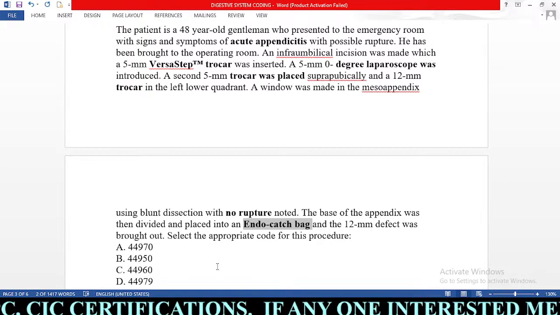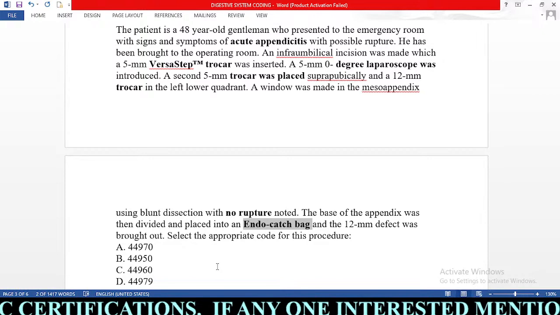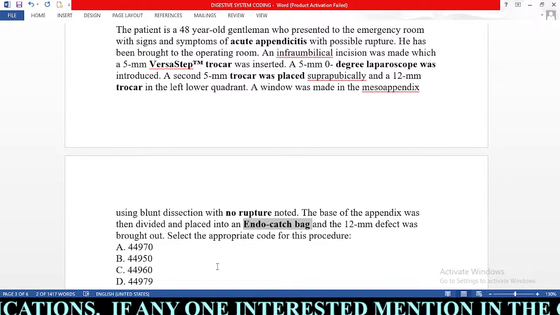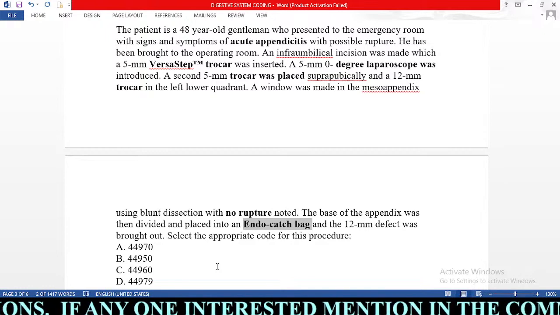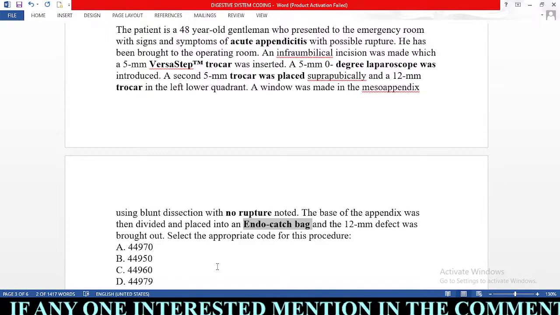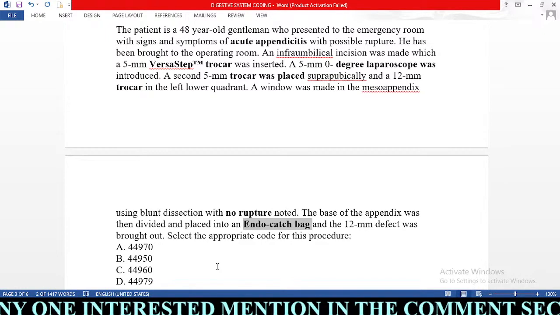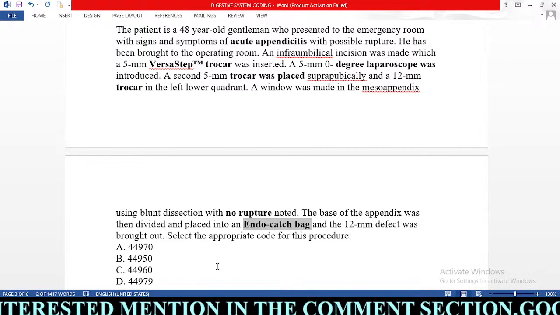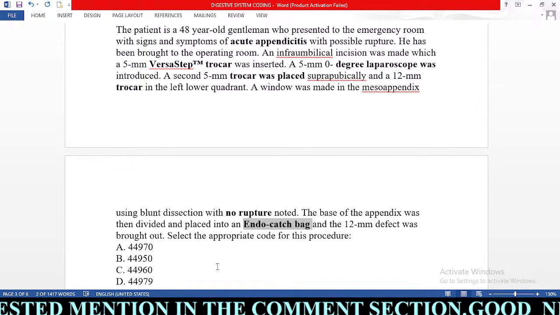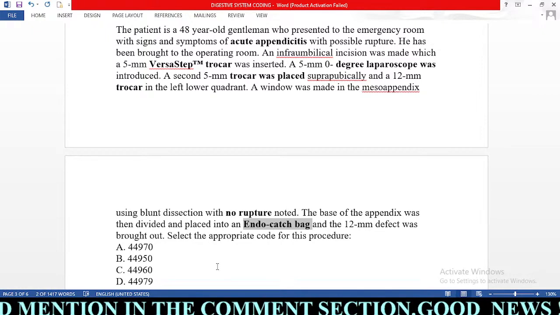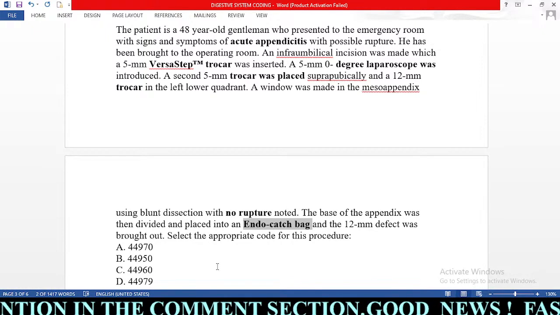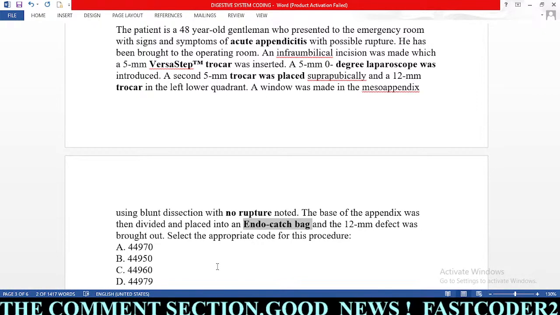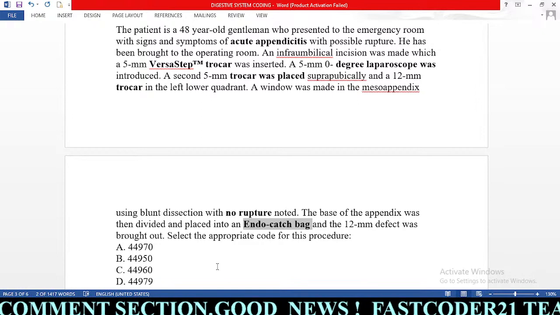Digestive system. So 44950 is appendectomy, but it is an open procedure.